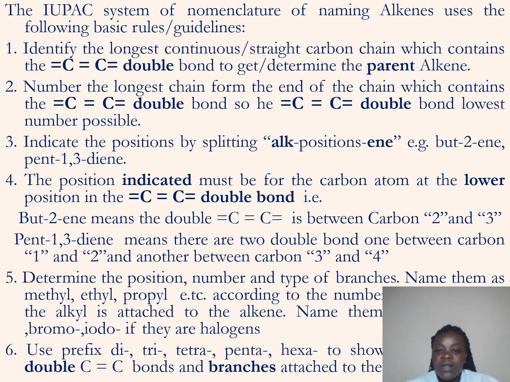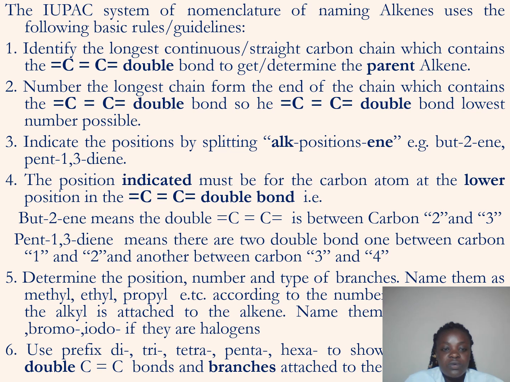So the name will no longer be butene, but but-2-ene. For pentene, if it is at carbon number 1, that is pent-1-ene, which we can just call pentene. But if the double bond is at carbon number 3, that becomes pent-3-ene.